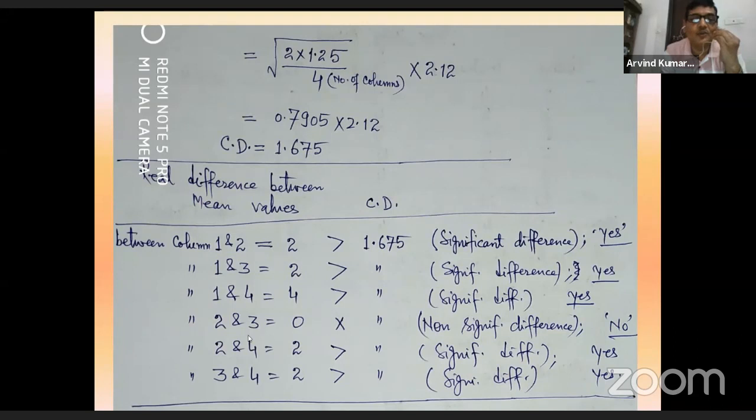It's quite easy to do, and this particular calculation is quite useful because simply knowing that ANOVA shows significant difference does not serve the purpose. One has to be aware of which of the two groups are showing significant difference.